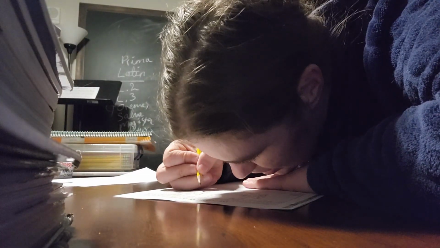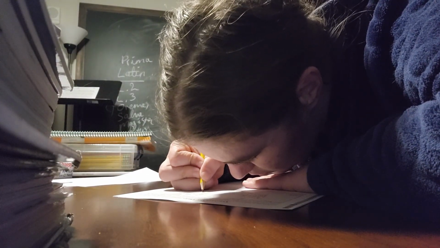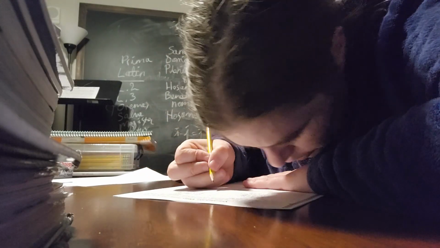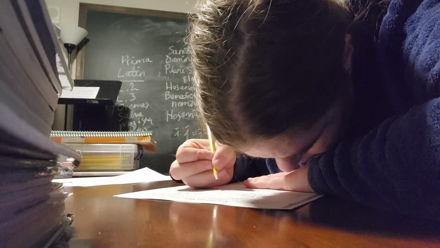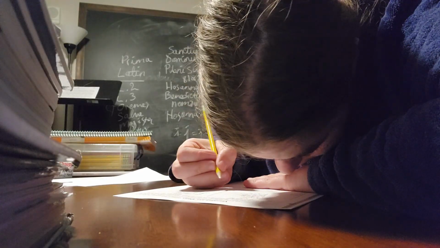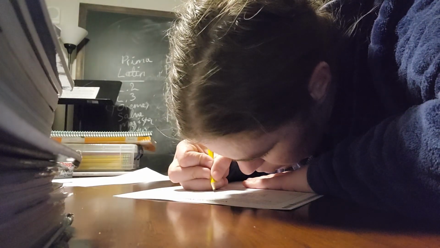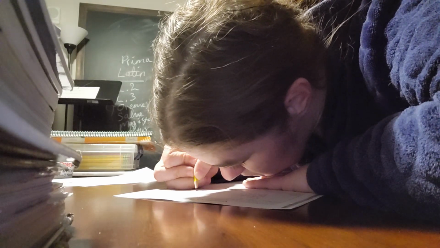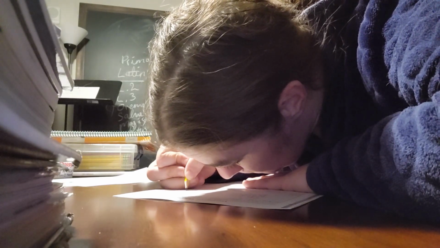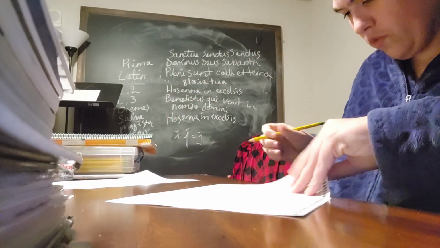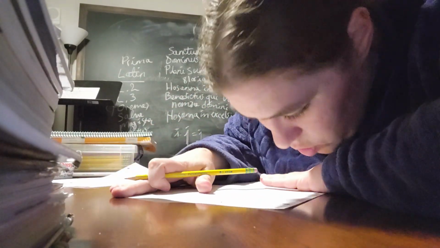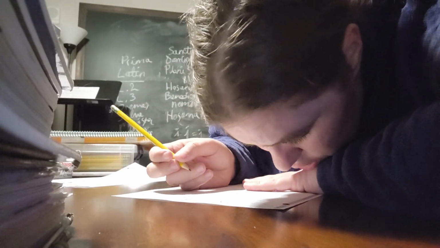Did I just write these out? I'm pretty sure I just wrote these out. And then Paro, oh no, yeah, Paro is I prepare. Okay. The last one, then I can go to bed.